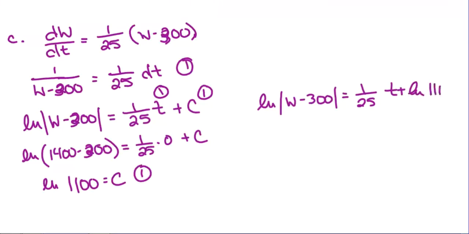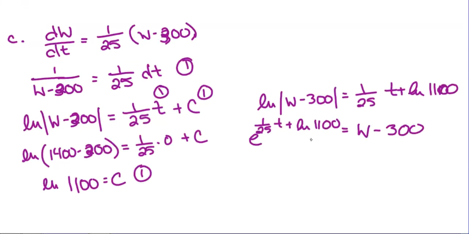Okay, that's not supposed to be 11,000. That's supposed to be 1,100. Okay, solving for W. Nothing in front of our natural log this time, so we can jump right to our E. I'm not going to show it this time.